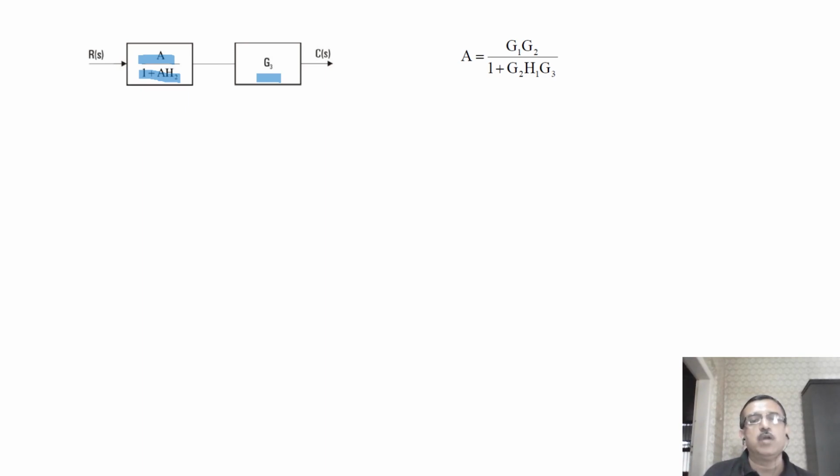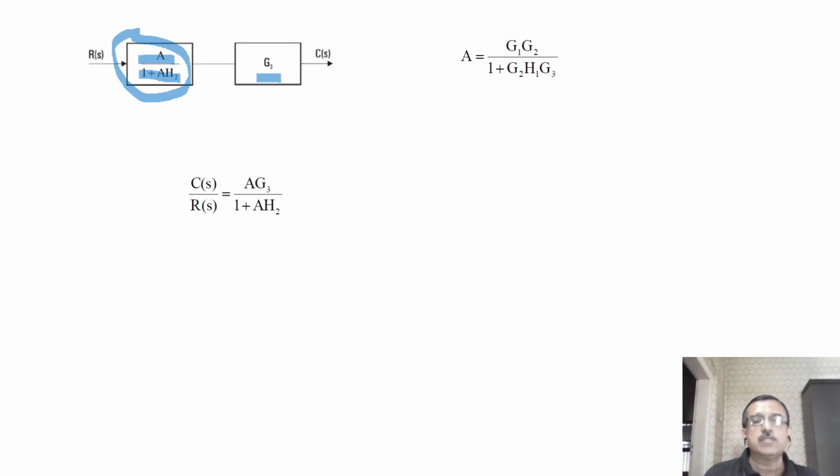Now we have two blocks in cascade. So what is this? A by 1 plus A H2 and G3. There will be A into G3 divided by 1 plus A H2. So I'm making a mess here, so let me choose one simple color.